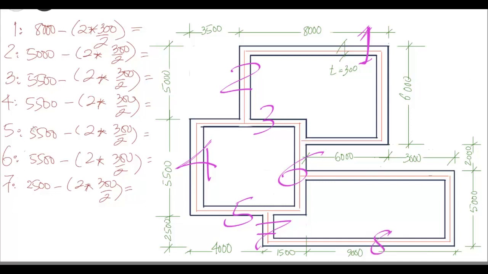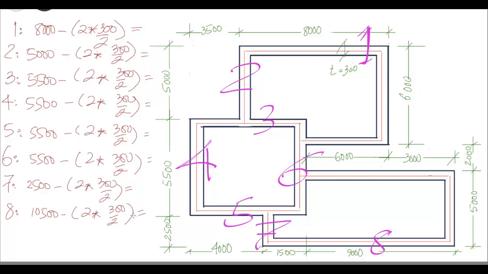So piece number 8 is equal to 9,000 plus 1,500, which is 10,500, minus 2 multiplied by 300 divided by 2 is equal to.